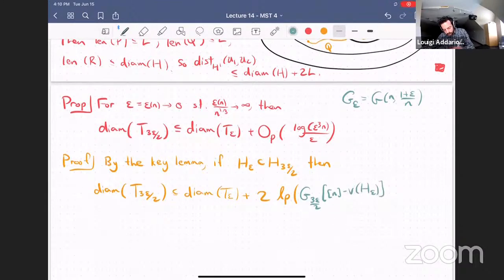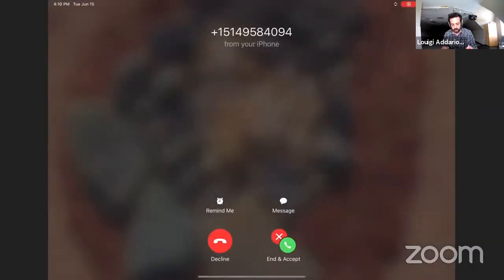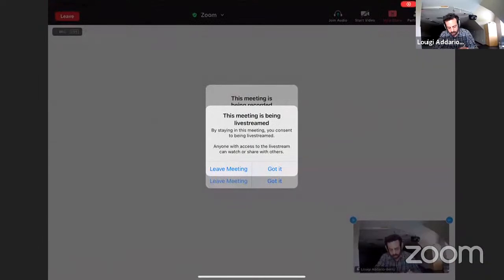And then I have to add 1. Okay, so that's the bound that the key lemma tells me. And I'd like to call this graph here G hat for the rest of the proof, because epsilon is going to be fixed for now. I don't need to carry it.